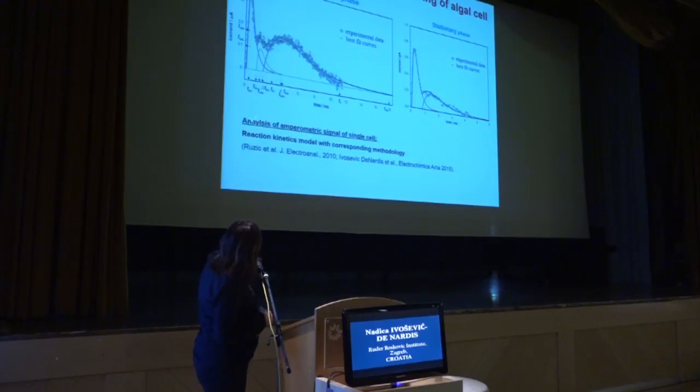More about the method and methodology developed is written in these references here. What is visible at first glance is that the surface area beneath the signal of the cell in exponential phase is much larger, which basically means that we have a larger cell, which is also in agreement with the atomic force measurements, where it was found that the cell in exponential phase is larger.